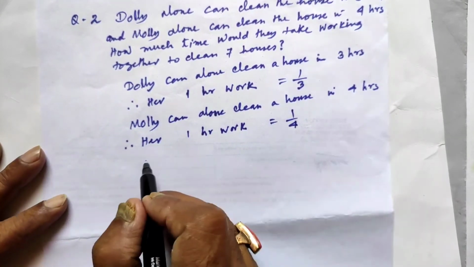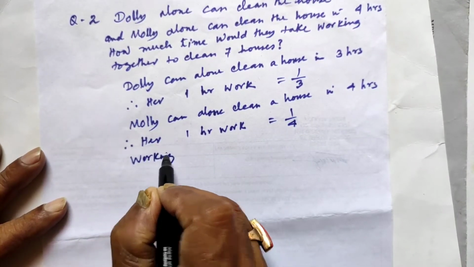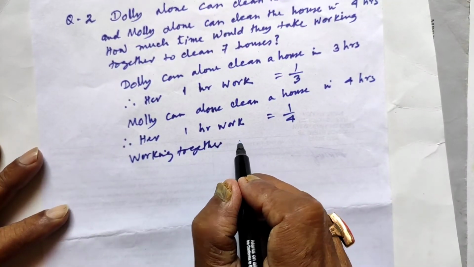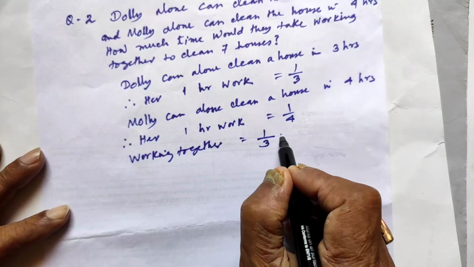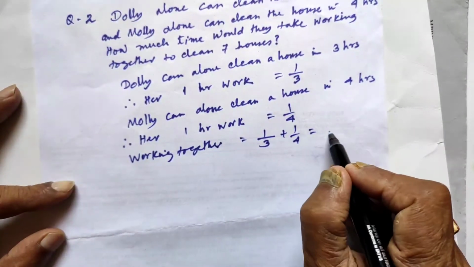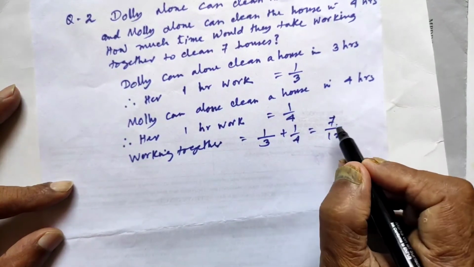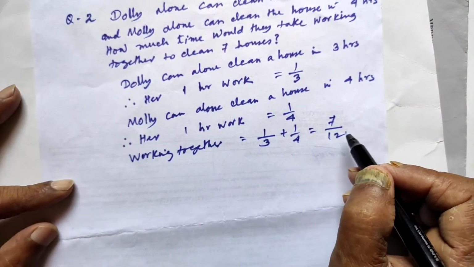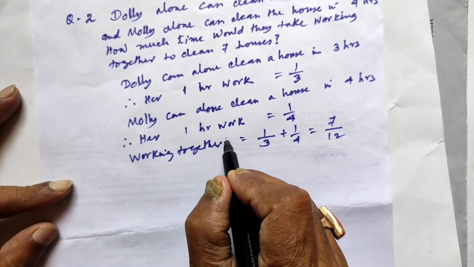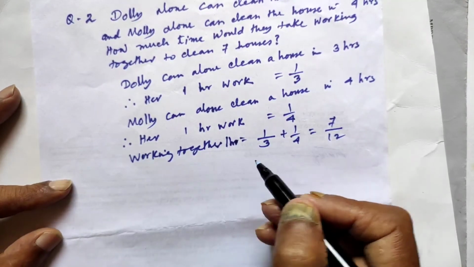So when they work together, we have 1 by 3 plus 1 by 4. If you take the LCM, you find that the LCM is 12, and 4 plus 3 is 7. So this part is your 1 hour of work.